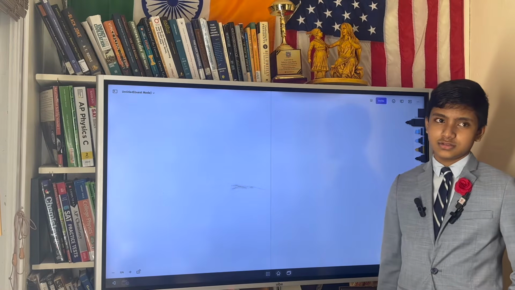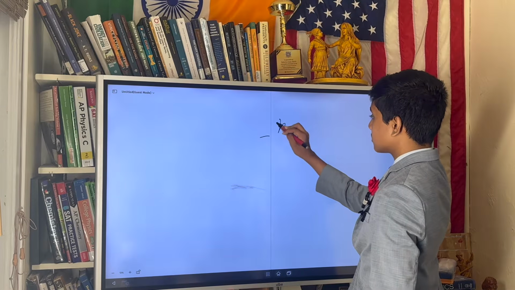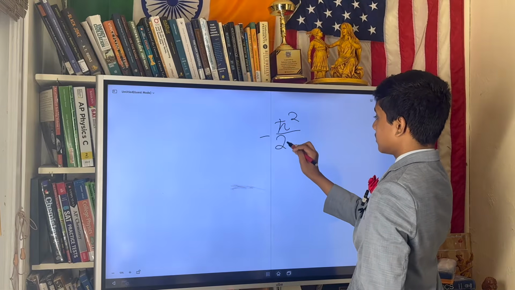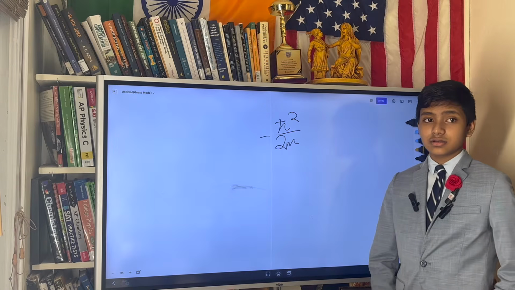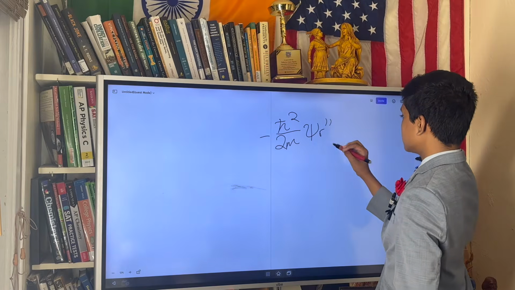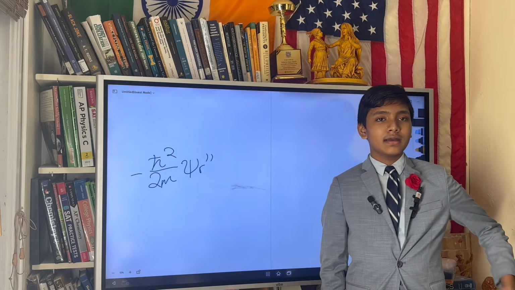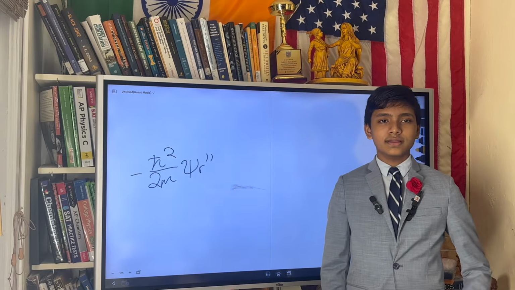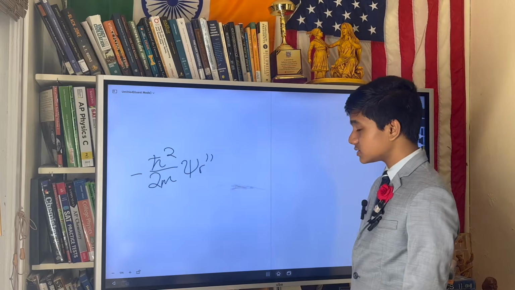So, let's start with the radial equation, which is the basis. We solved for the radial equation when trying to bring our Schrodinger equation from 1D to 3D, and then from Cartesian into spherical coordinates.